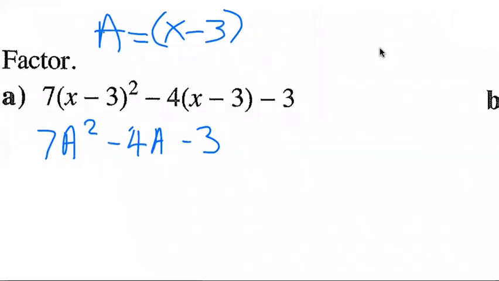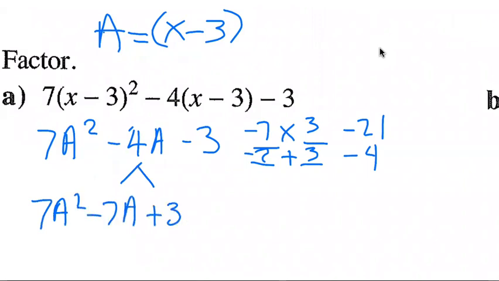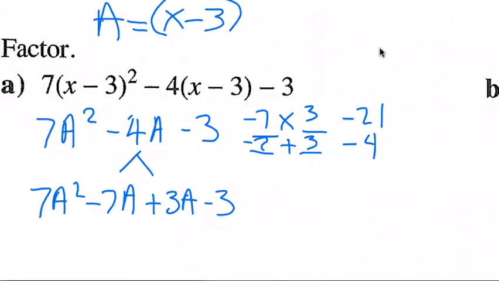Then you'd factor. Two numbers that multiply together to give negative 21. Those same two numbers are going to add together to give negative 4. I think that's going to be negative 7 and positive 3. That looks like it works to me. Okay, so I'm going to decompose: 7a squared minus 7a plus 3a minus 3.